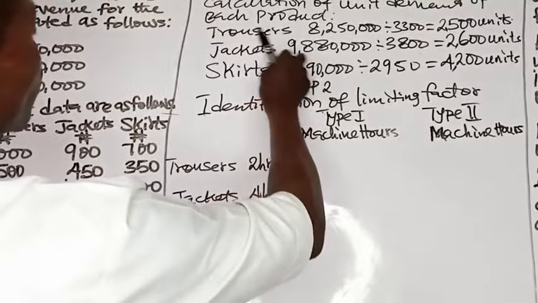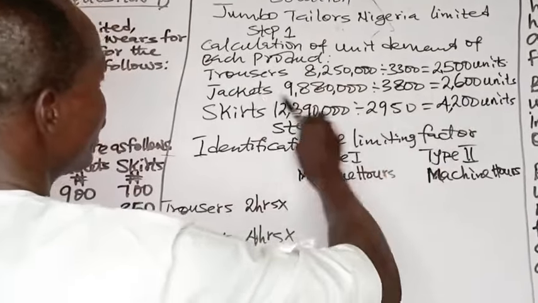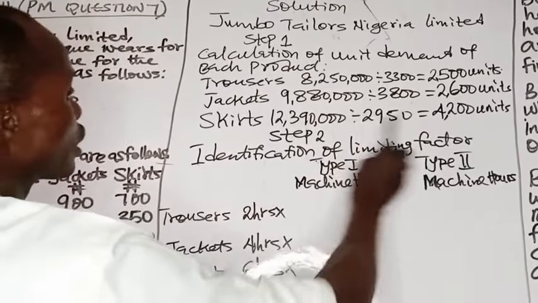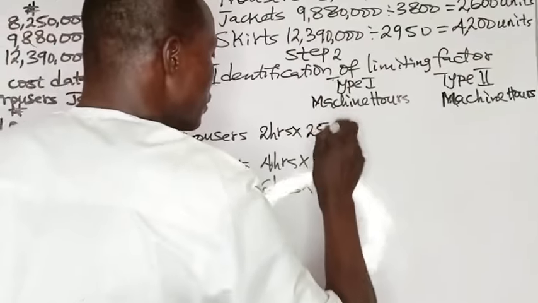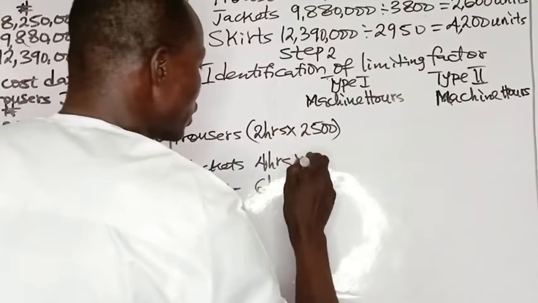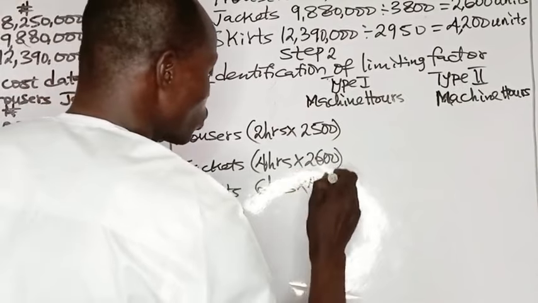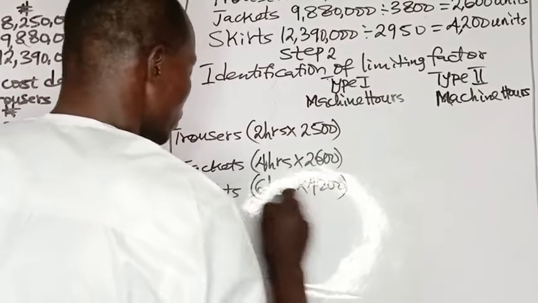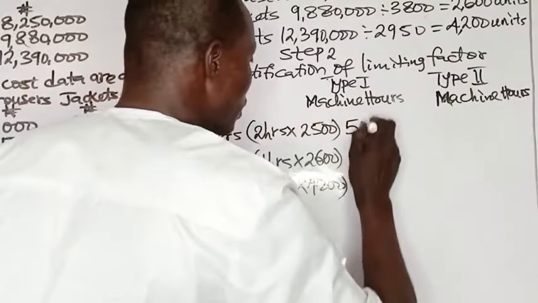The number of trousers demanded is 2,500 units. Jackets 2,600, skirts 4,200. So if you multiply this, 2 times 2,500, that is 5,000.